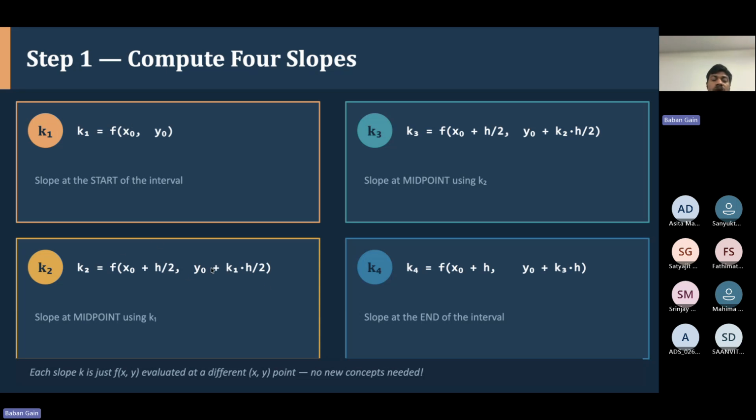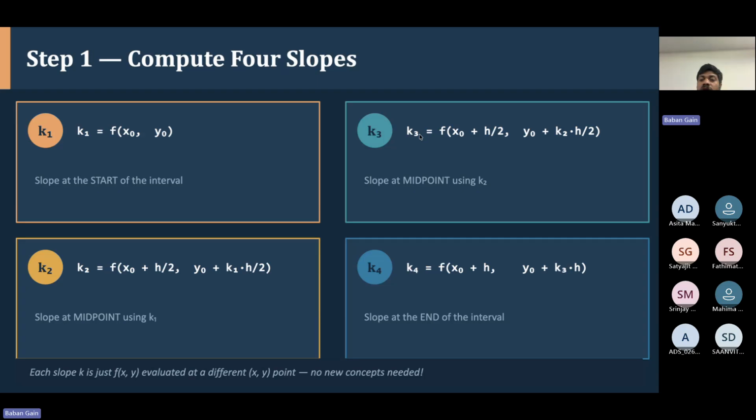And here also it will be y0 plus k1, whatever you have obtained here, multiplied by h by 2. The step size there is 0.1, divided by 2, which is 0.05.